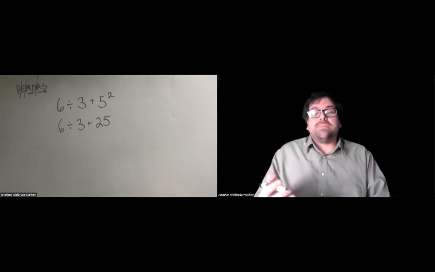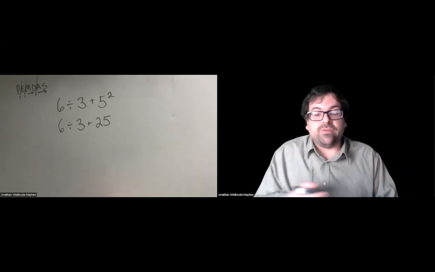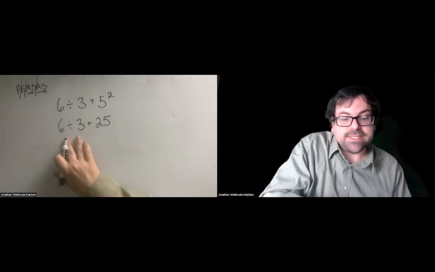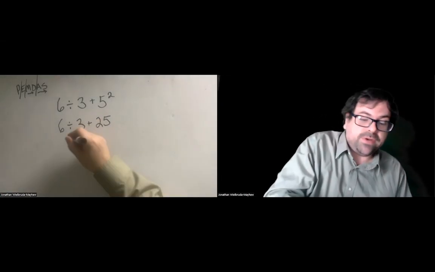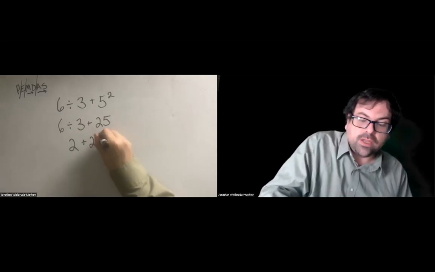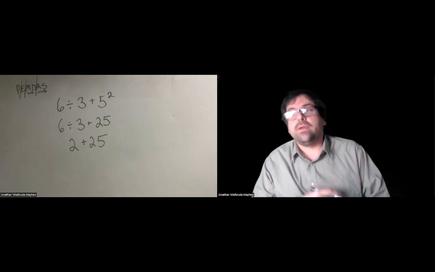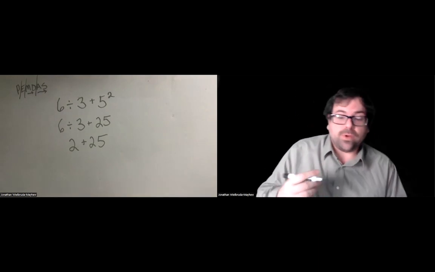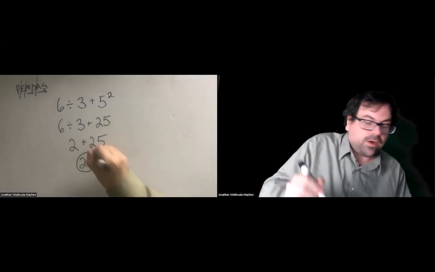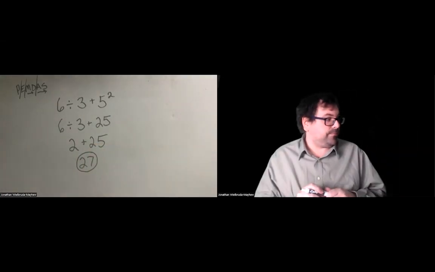Next, we look for any multiplication and division that we have from left to right as we come to it. And this very first thing is a division problem. 6 divided by 3. That's 2. Leave the rest alone. Finally, we have 2 plus 25. Our answer is 27.